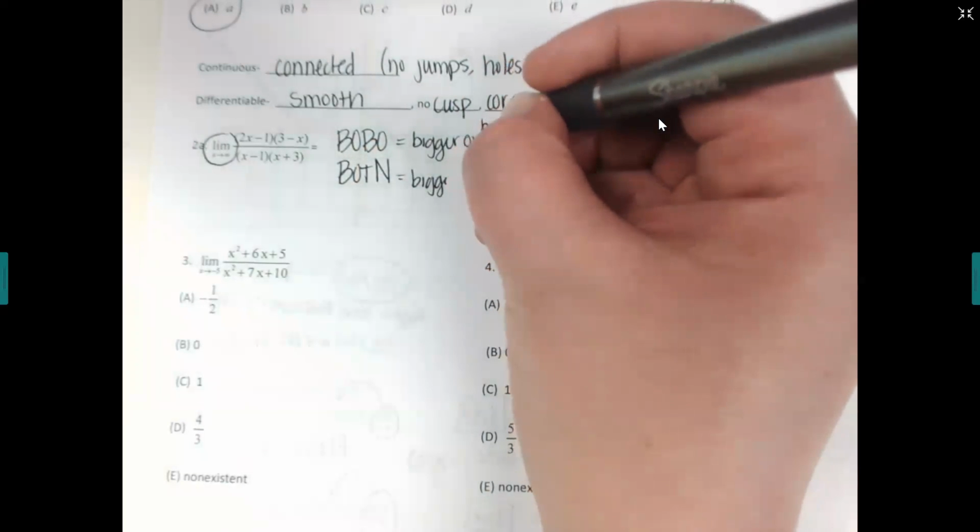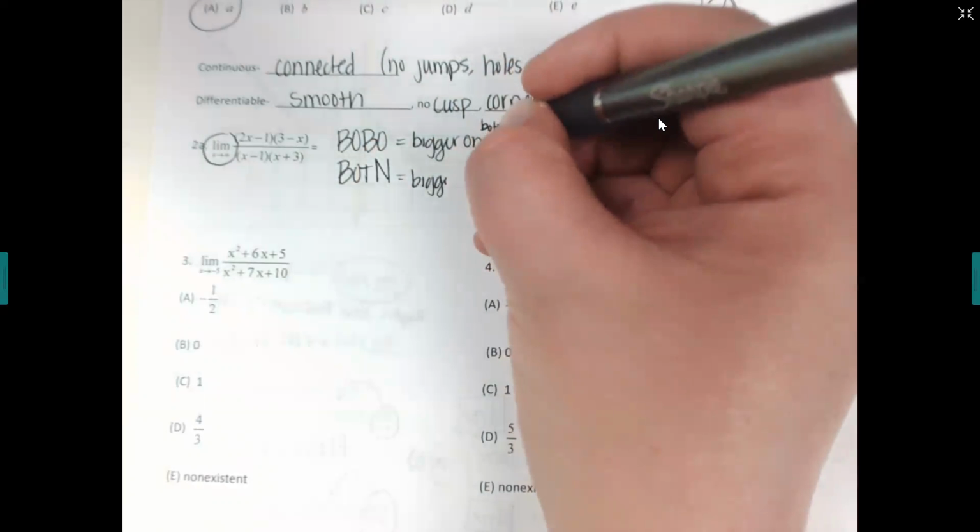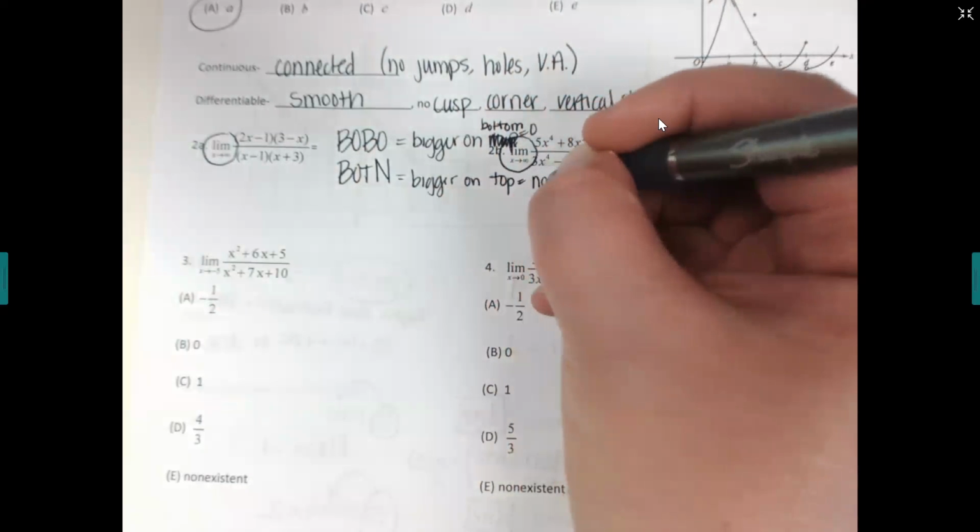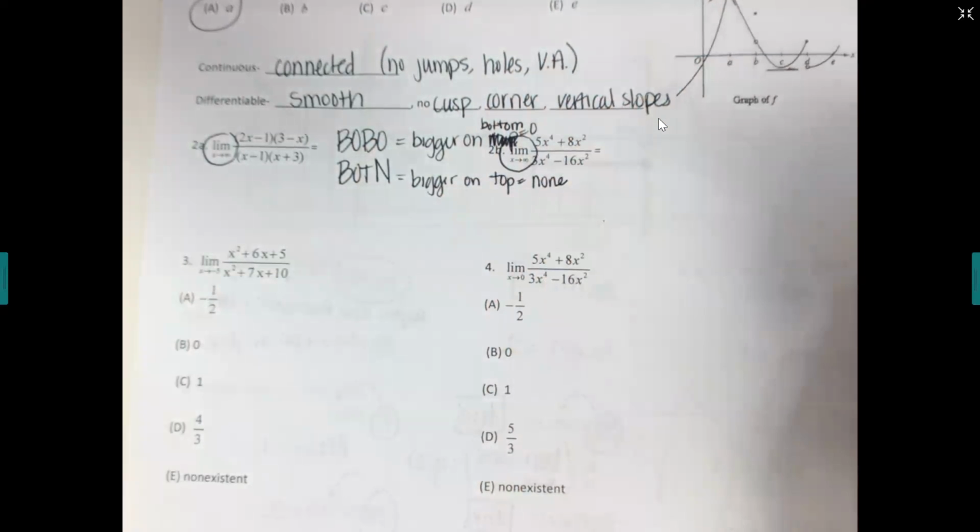If it's Bobo, that's bigger on top and it goes to 0. If it's Botan, it's bigger on, oops, I wrote that wrong. What should Bobo have been? Bigger on bottom. Thank you. Okay, bigger on bottom goes to 0. And then Botan is bigger on top, and that means that you don't have a horizontal asymptote or a limit, so you would just put none.